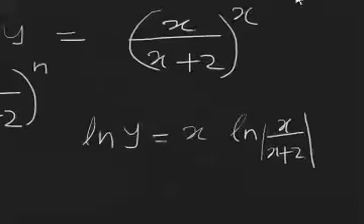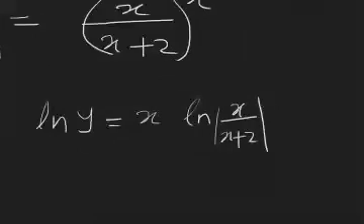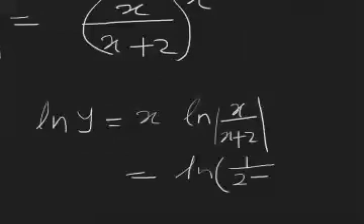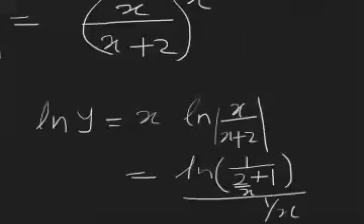So to find the limit here, we write ln of 1 over (1 plus 2 over x), divided by 1 over x, right?